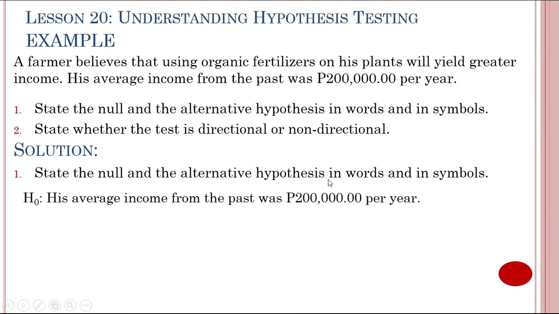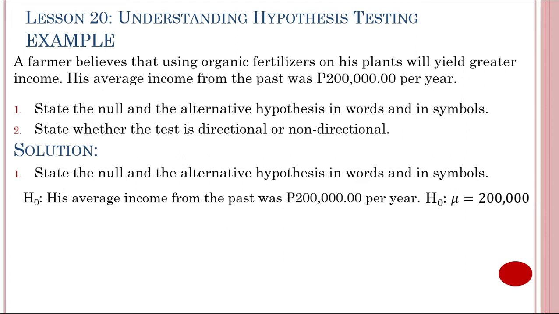Therefore, we can say that this is our null hypothesis, that the average income from the past was 200,000 pesos per year. That is in words. In symbol, we can note that as H sub 0, the mu or the average is equal to 200,000. Kuha ba? Okay, good.